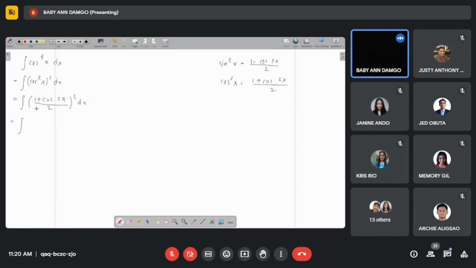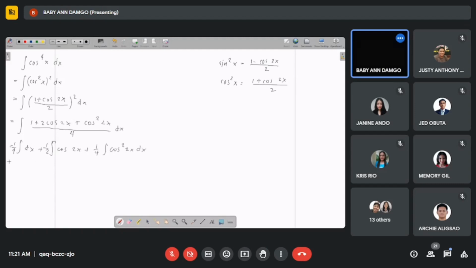Okay, so this is equal to, so expand, we have 1 plus 2 cosine 2x plus cosine squared 2x over 4 dx. Now this can be written as the integration, so we have 1/4 dx plus the integration of 1/2 cosine 2x, because 2 over 4, plus 1/4 integration of cosine squared 2x dx.